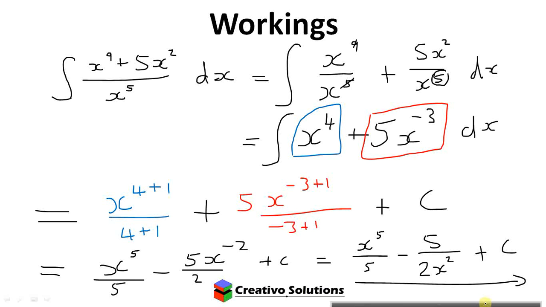Minus 5 is the constant, yes, a minus 5 separate here. Given that the curve passes through the point 2, 4. In other words, x is 2, y is 4.